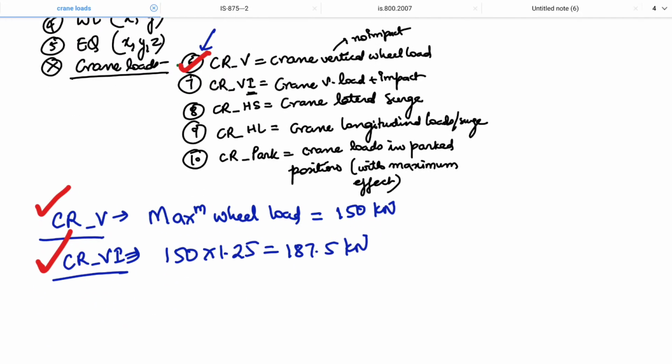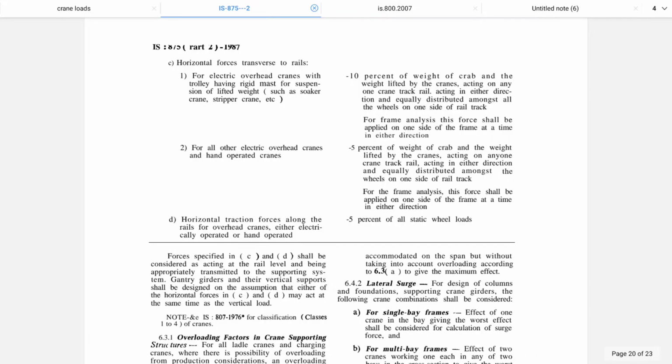Now comes CRHS. How much lateral surge do we have to consider? The code says that you can consider 10% for transverse. Transverse movement is same as lateral movement.